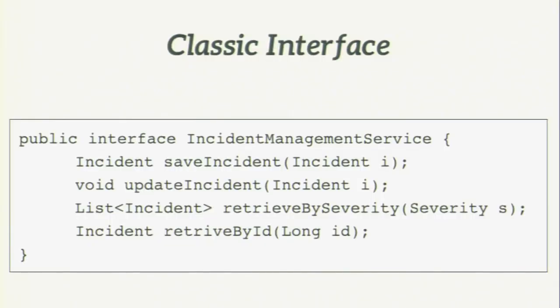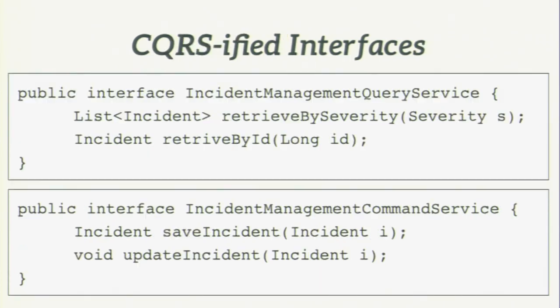If we take a look at an easy code example written in Java, we have a typical service interface with a save incident, an update incident method, a retrieve by severity method, and a retrieve by ID method. The first step towards a CQRSification of this interface is splitting it up into a query service and a command service, which then have the read operations and the write operations.